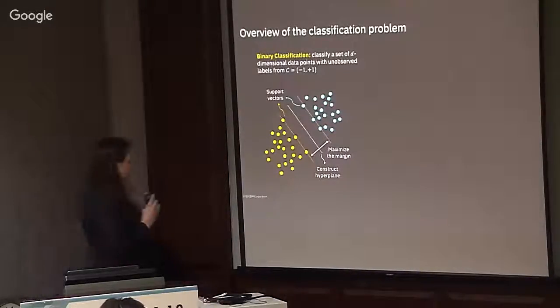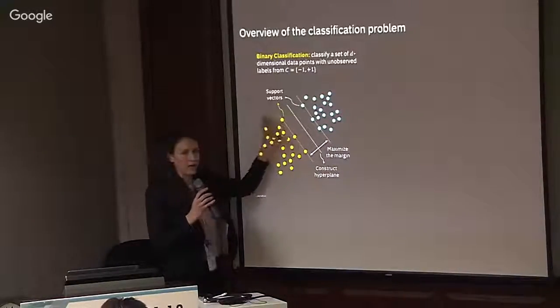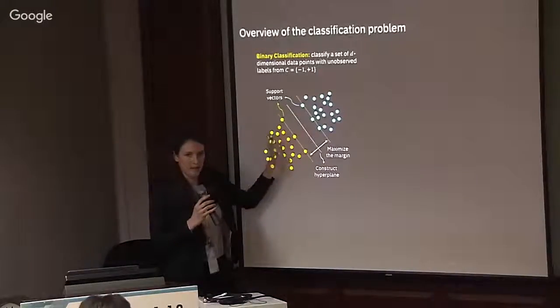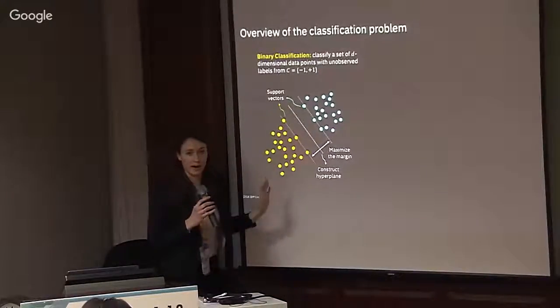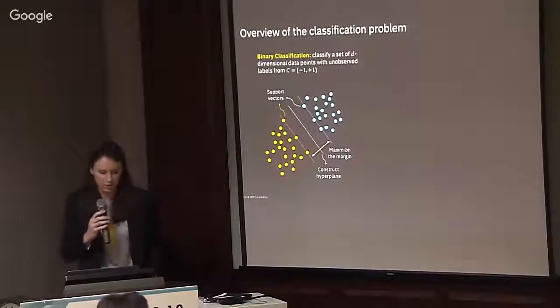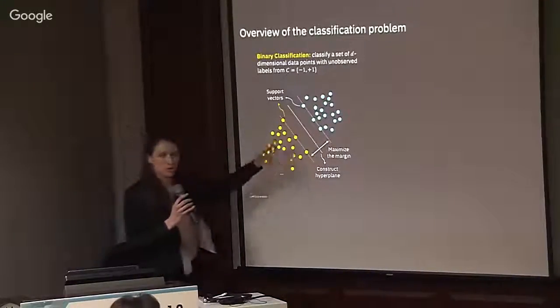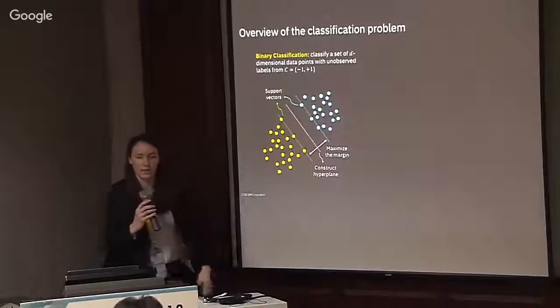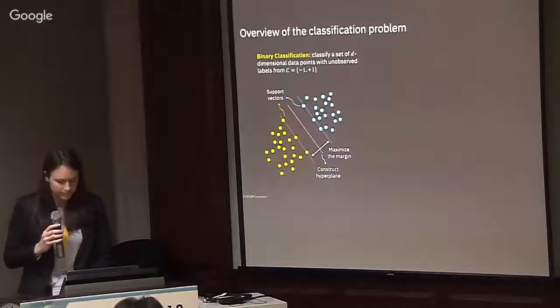And these support vectors, you can then just use these data points in order to assign labels to new data that you have. So rather than having to use the full, what's called training set, you can just use only the support vectors and assign labels.